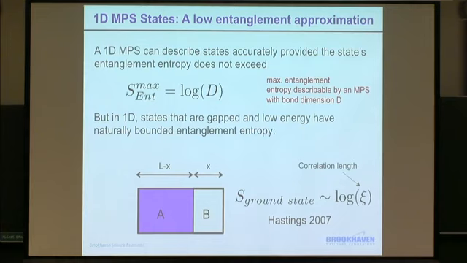And in general, states that are gapped or are coming from a gapped model and are low energy will generically have bounded entanglement entropy, and so provided we choose D large enough, which is easy enough to do, we can use this matrix product state to describe the state of interest. And we know that the entanglement in a ground state for a gapped system is bounded by the log of its correlation length.